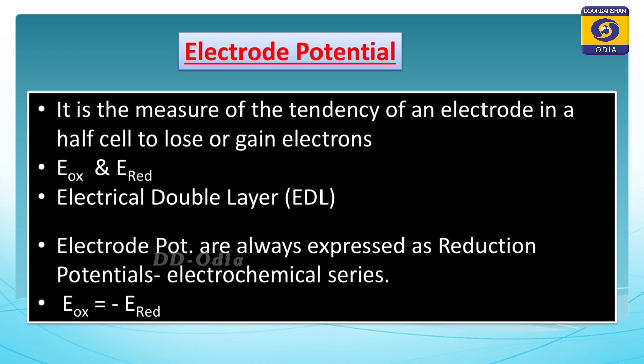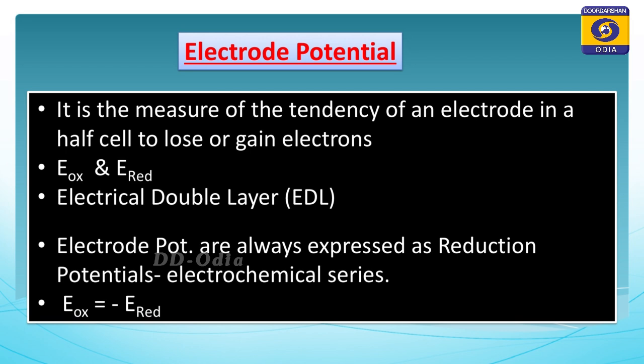Potential stands for the tendency for some change. So, for electrode potential, let us imagine a metal is in contact with the solution of its own ion in a particular galvanic cell. When the two half cells, the oxidation half cell and reduction half cell, are suitably coupled, what happens?